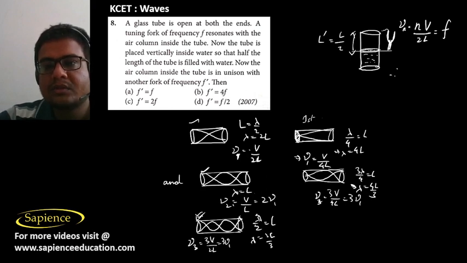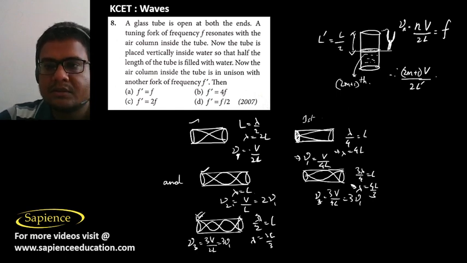Suppose here we have the mth harmonic. So it will be the 2m plus 1th harmonic. So we can say 2m plus 1 times v by 4L dash is equal to f dash.